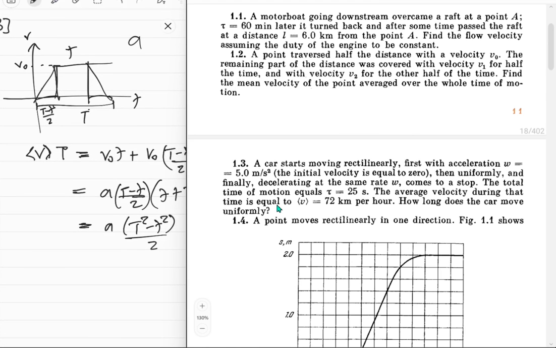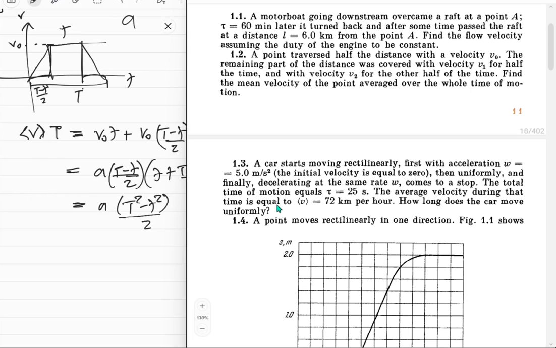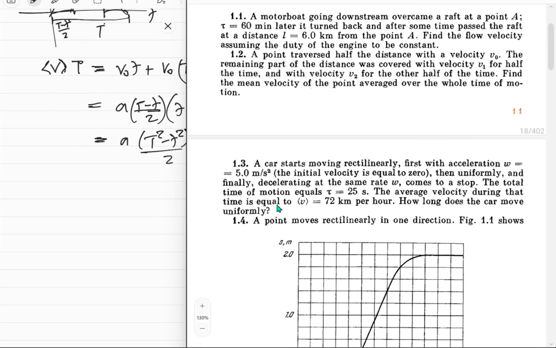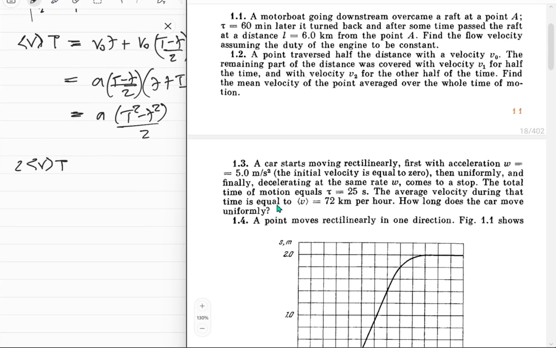That's the whole thing. So calculate it. What do you want? Find the time. So we just want small t square. So 2 times average displacement upon the acceleration equals capital T square minus small t square. So small t square is equal to capital T square minus 2 times this.